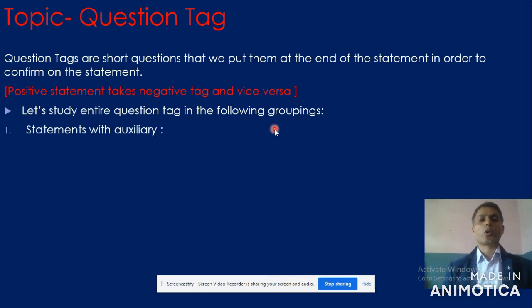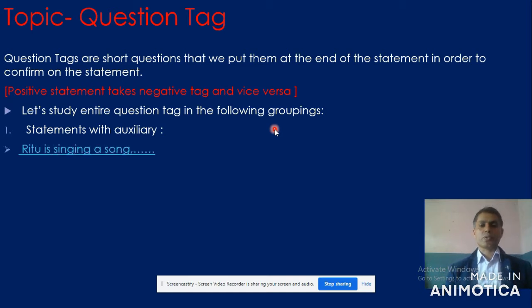Category number one: statements with auxiliary. If there comes an auxiliary verb in a statement, we have to follow certain rules. Now I will tell them after some example sentences given here on the screen.